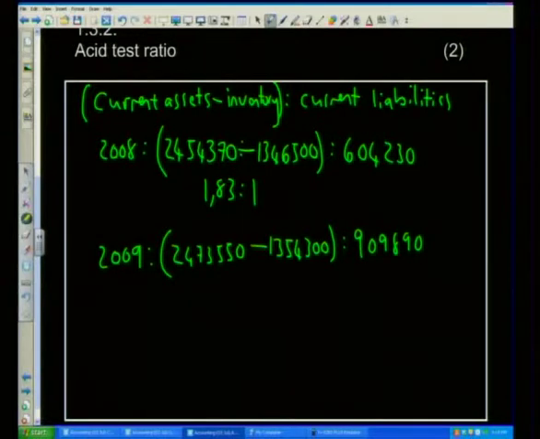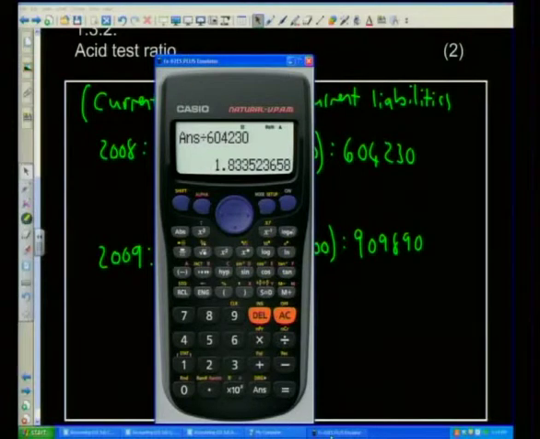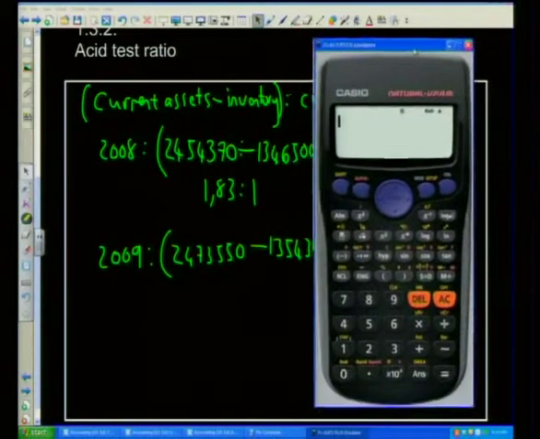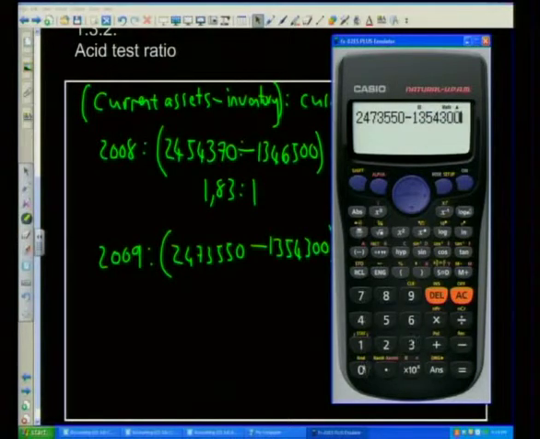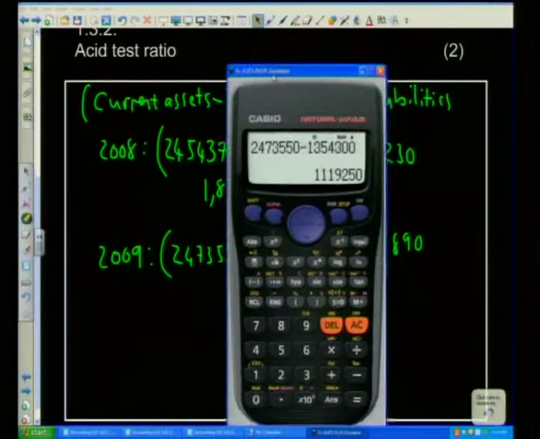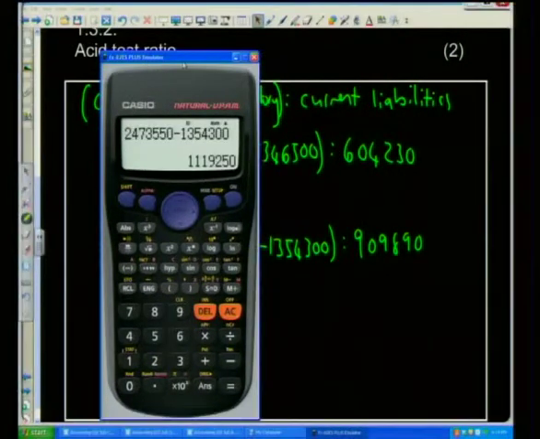If we do the calculation, we'll get the answer 2,473,550 minus 1,354,300. Once again, press equals first, because if you don't press equals, you're going to end up with the wrong answer because your calculator is going to divide only this negative sign by the 909,890, and you won't get the right answer.